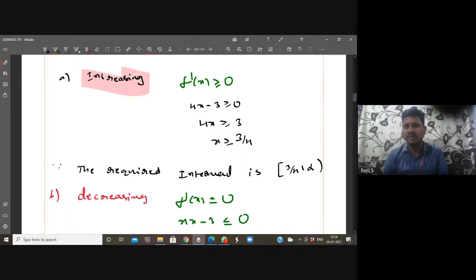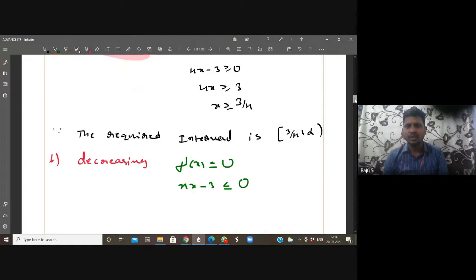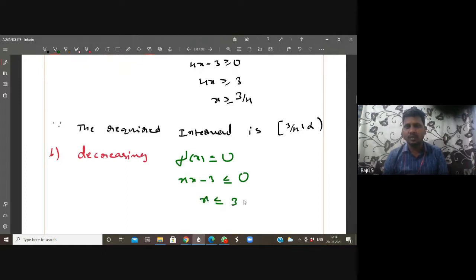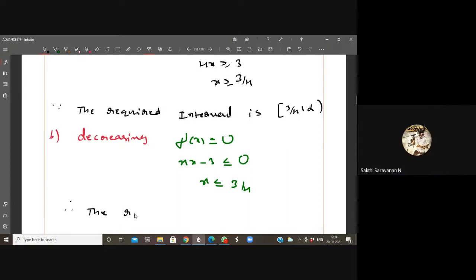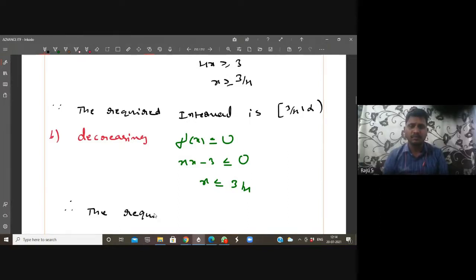Finally, x is lesser than or equal to 3 by 4. What is the required interval? Therefore, the required interval is minus infinity to 3 by 4.